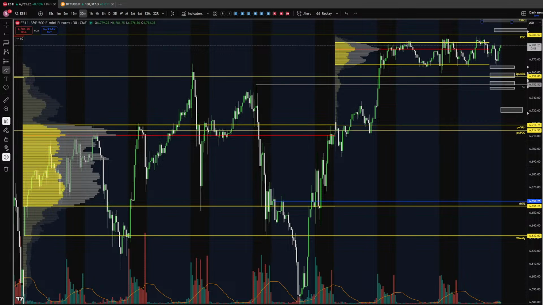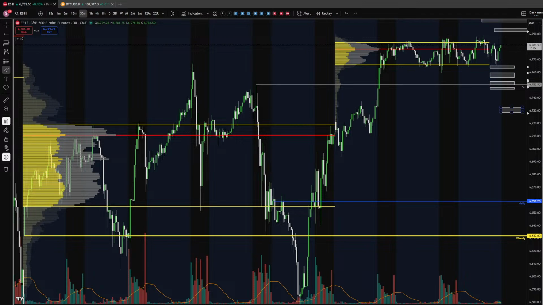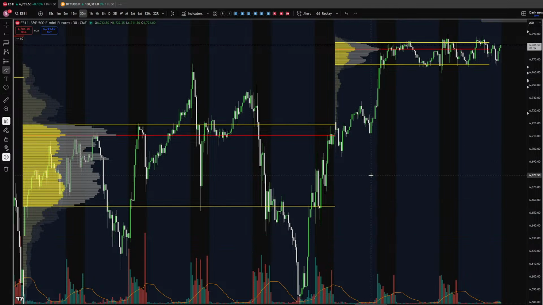Let me remove everything actually. There we go. Yeah, also this one. Okay, so now it's even clearer. Nobody can actually mistake this. So from here we opened outside weekly value areas and we dropped immediately.